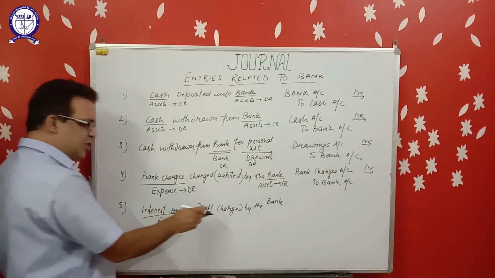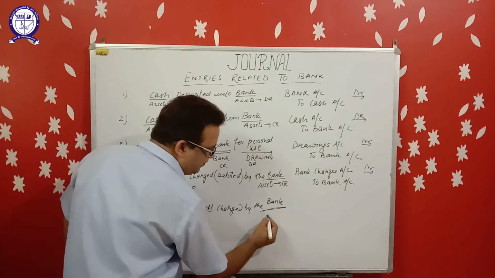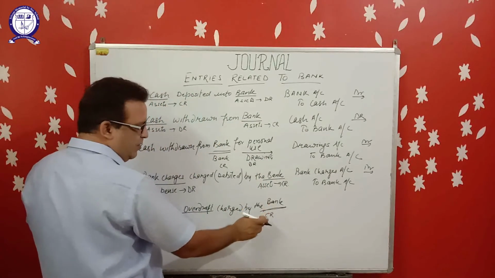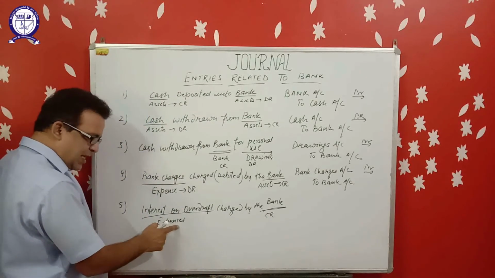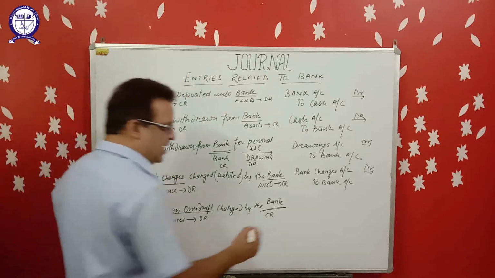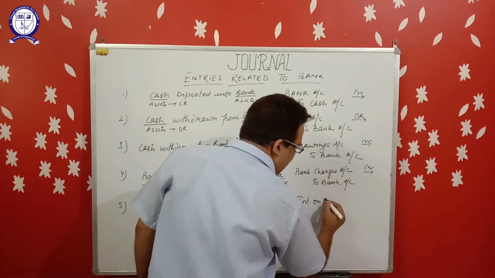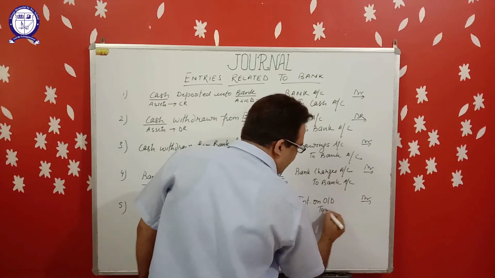And when bank charges interest on overdraft, our bank balance decreases. When bank balance decreases, we credit the bank account, and expenses are increasing now, so we debit this expense. The journal entry will be interest on overdraft account debit to bank account.